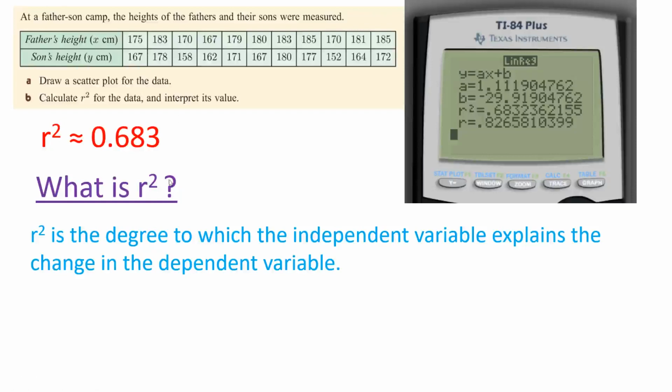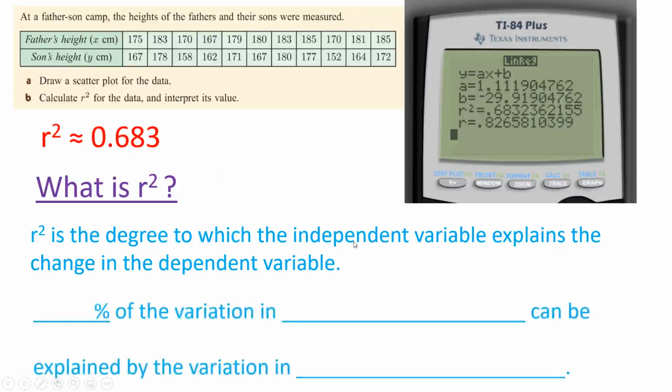And it's actually a percentage, so we can have this sort of stock standard answer that we can fill in every single time we're asked what the value of r squared means. So currently it's 0.683. We multiply that by 100 to get it as a percentage. So we get 68.3 if we multiply that by 100.